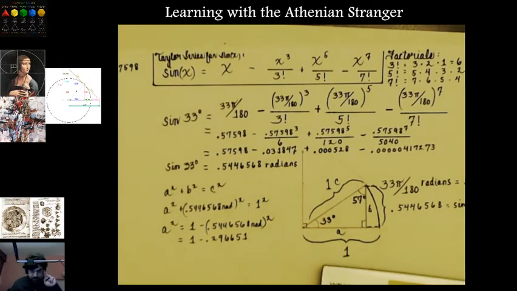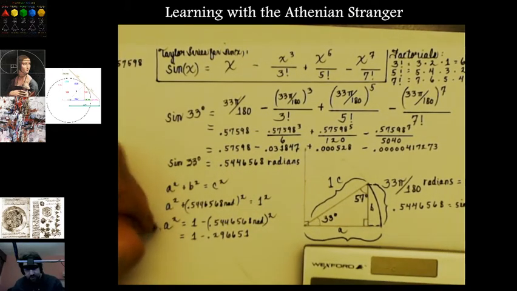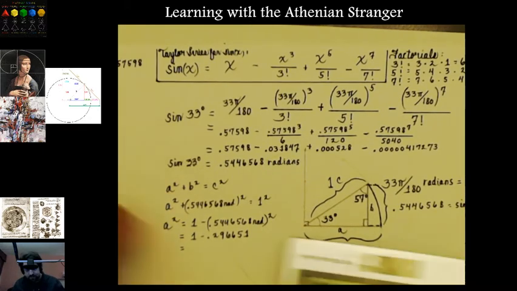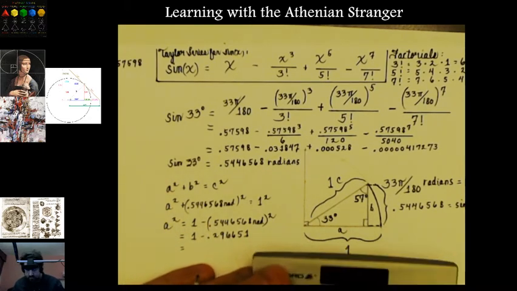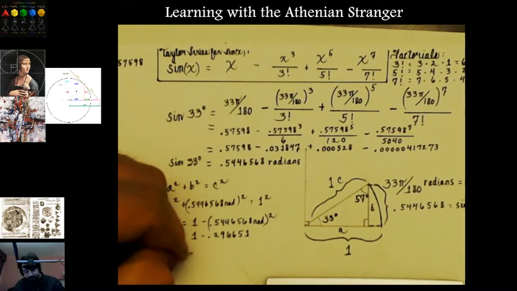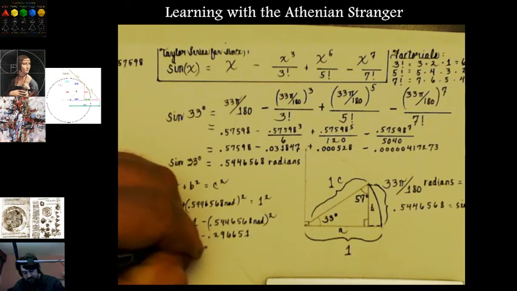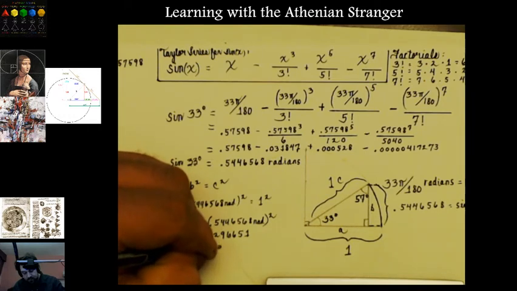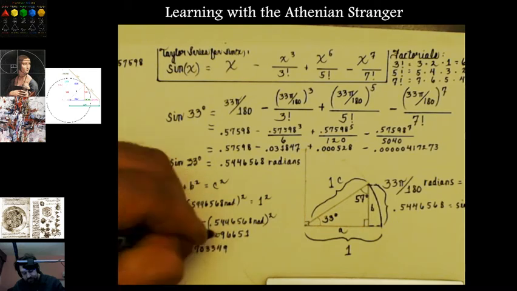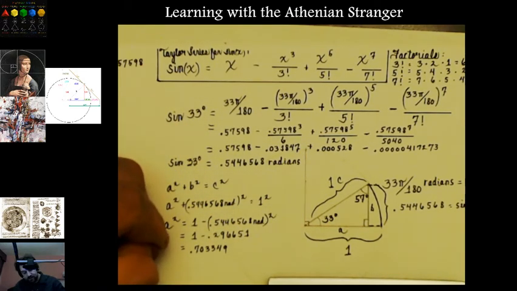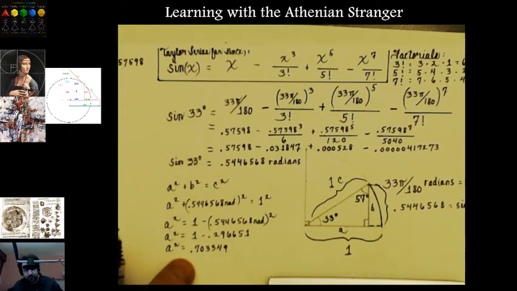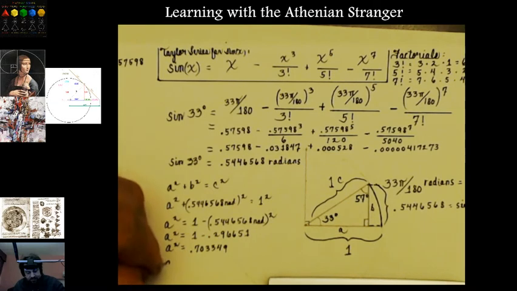We'll just leave it there. That's a squared. So now let's actually subtract that from 1, and you get 0.7033, and then I'll round up to 9. That's a squared. So in order to find a, we need to take the square root of this number.